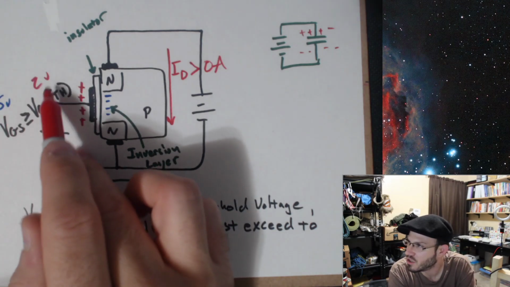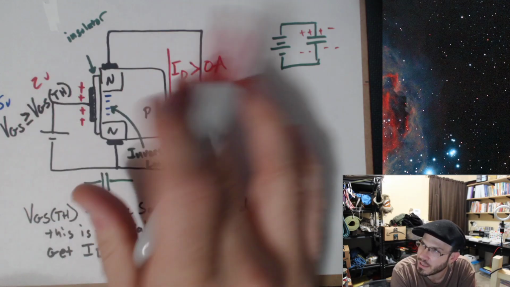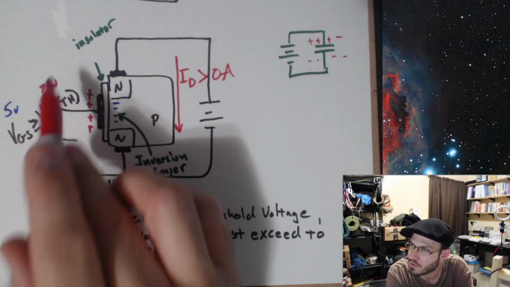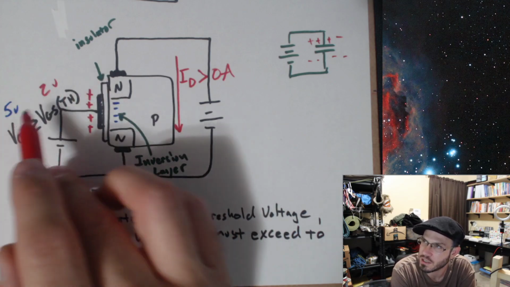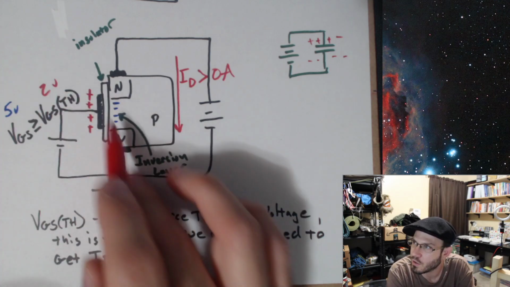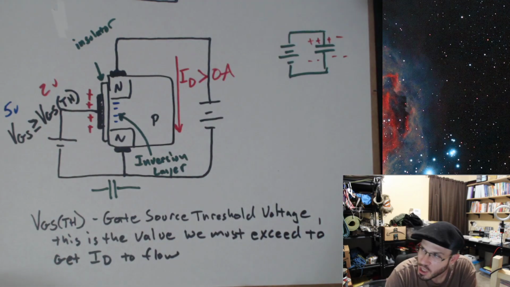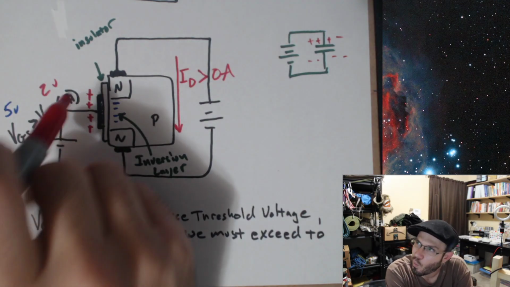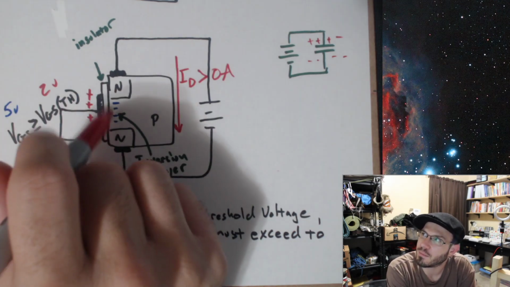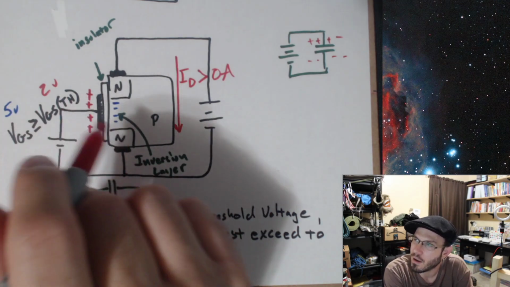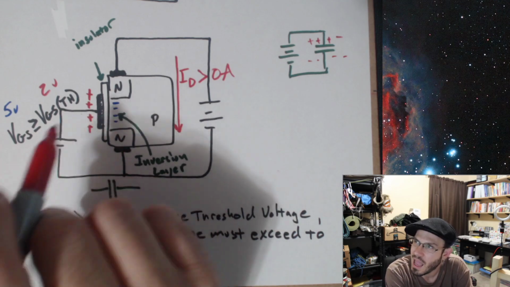What I said, just for example and illustration purposes, we could just say it's 2 volts right now, and 5 volts is sufficiently greater than 2 volts, and so we do get this inversion layer, and therefore we do get charge going through.